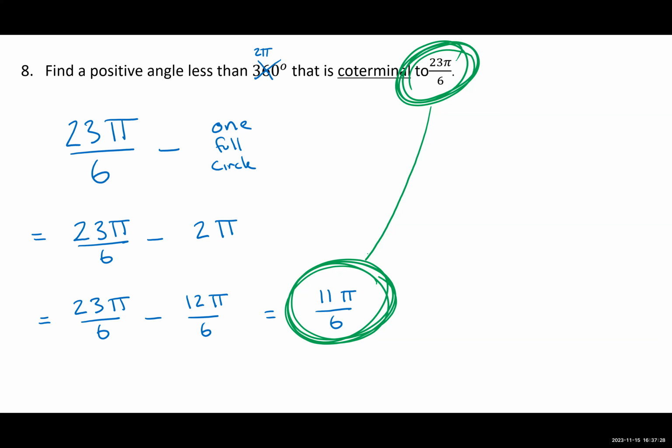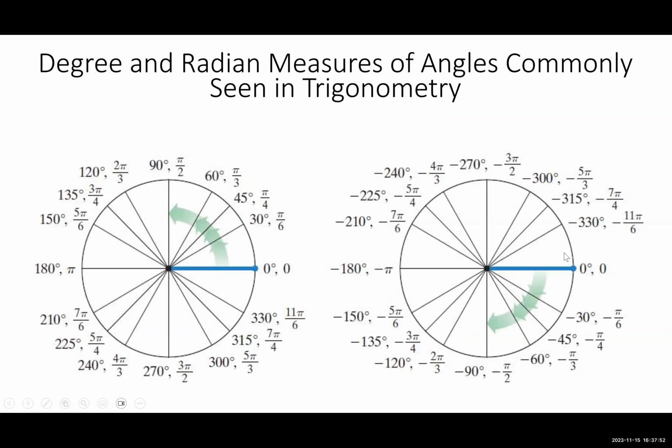Okay, so that's more or less everything. On the next slide, which is just there for a little bit of convenience, a little bit of foreshadowing, there are going to be some angles that are more important than others.